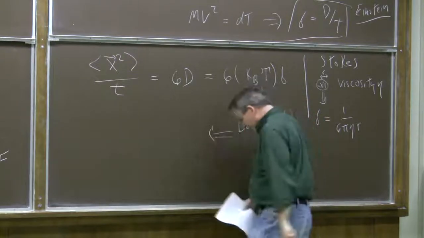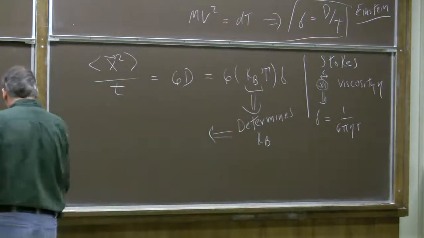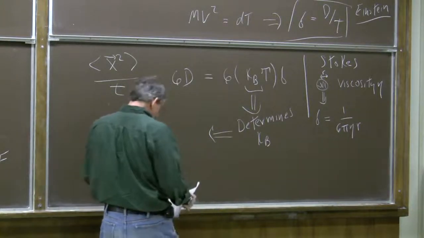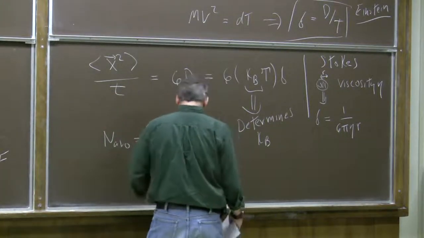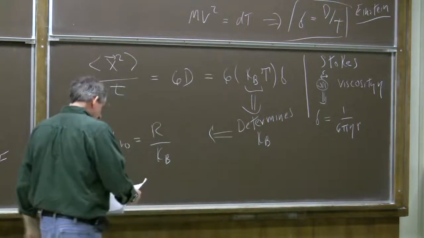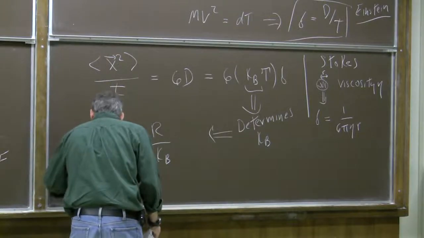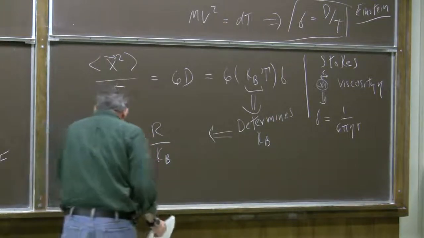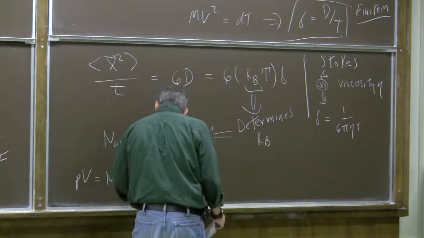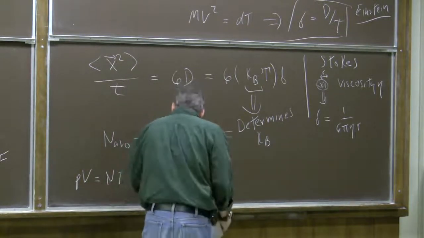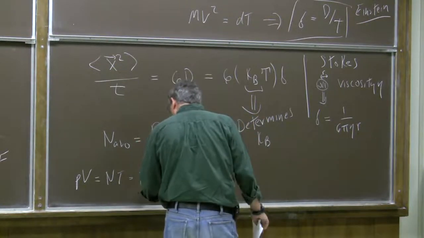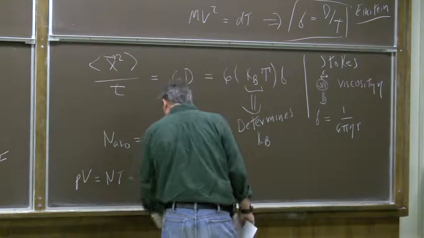And you can translate that into a statement about Avogadro's number, because the Avogadro number is the ideal gas constant R divided by k_B, the Boltzmann constant. If you write pressure times volume not as N tau like we usually do, but as nRT, where now n is the number of particles in moles.